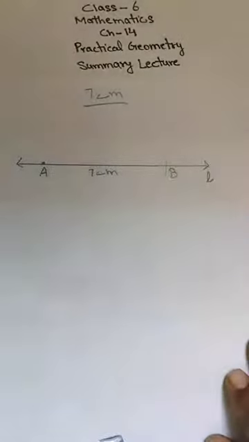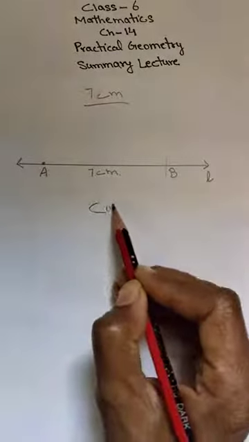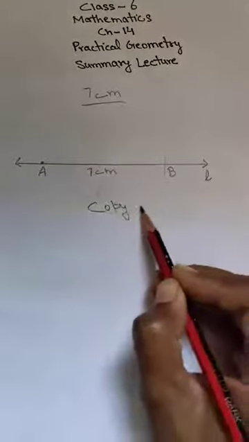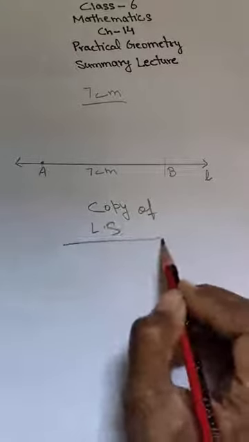Now the third topic is a copy of a line segment. Suppose we have to draw the copy of a line segment. How will we do that? Draw a line segment PQ whose length we don't know.